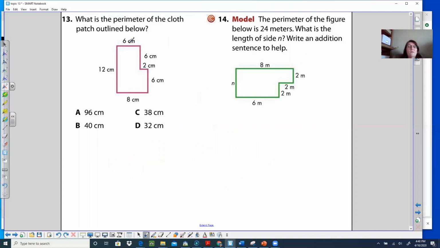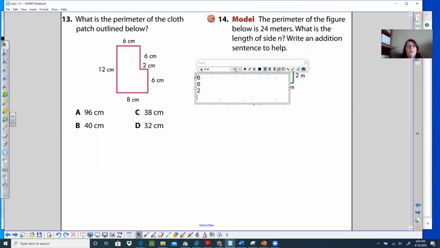Okay, so we have a 6, a 6, a 2, a 6, an 8, and a 6. So I am quickly gonna stack those. 6, enter. 6, enter. 2, enter. 6, enter. 8, enter.